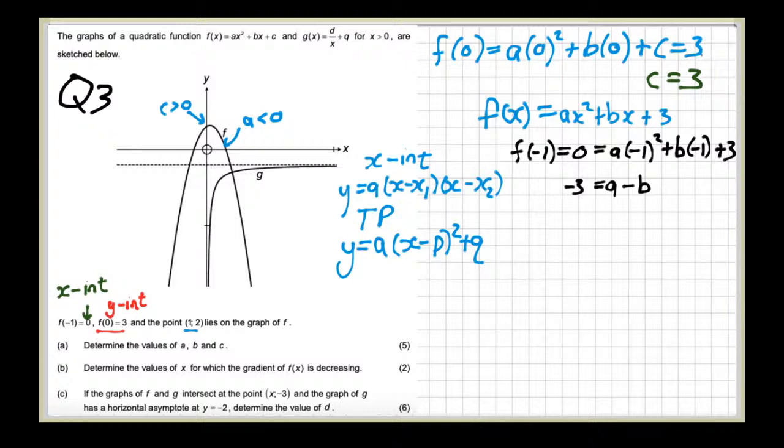I've got one part of where I want to go. Then I'm going to look at the other one, f of 1 equal to 2, because they told me that it's the other set of coordinates. In other words, substitute 1 into x, and I have this equation 2 equal to, and if I solve this, I get negative 1 equal to a plus b.